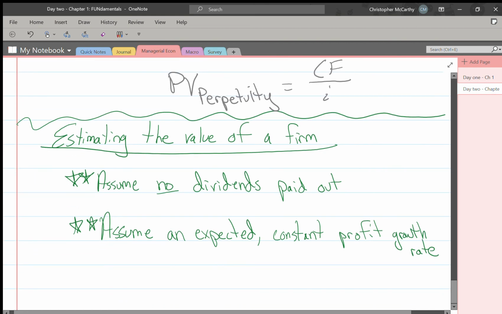Who actually exists in a world where they're running their company and you always grow at 3% every single year, no matter what? It doesn't happen, but it's a construct that we use. And so we are assuming that this growth rate is less than the interest rate.